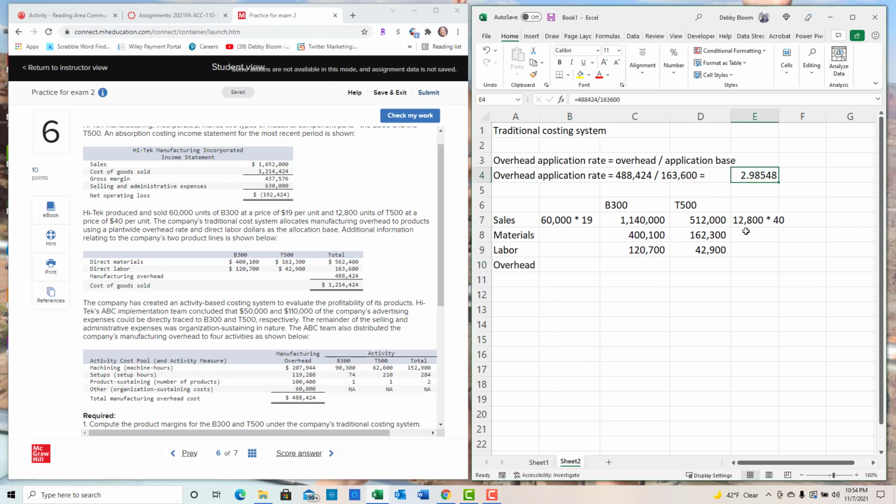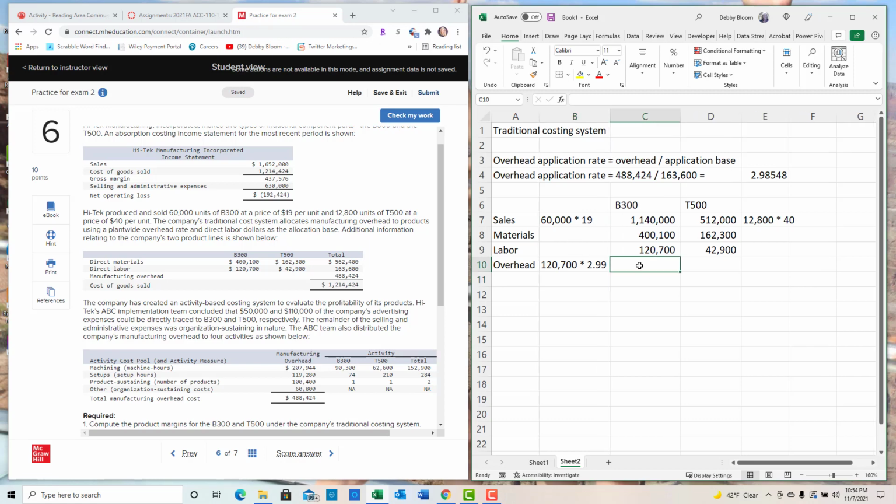Now our rate was given as $2.99 per direct labor dollar, and we have our direct labor dollars for each one of the products. So for the B300, I'm going to take the 120,700 direct labor dollars and multiply it by a rate of $2.99 per direct labor dollar.